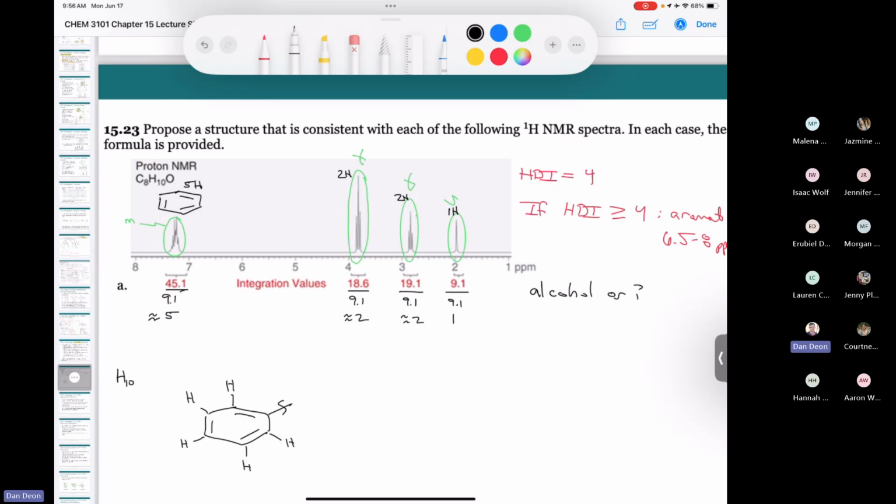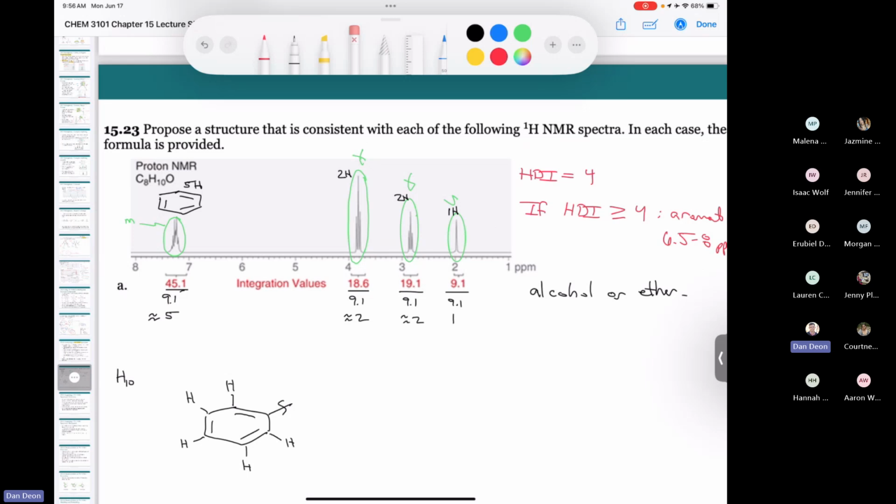It's either an alcohol or an ether, right? It couldn't be an ester, because if it was an ester, you'd have to have an HDI of at least 5, because you'd have another double bond. We can't have that because we've already used up all the HDI in the aromatic.